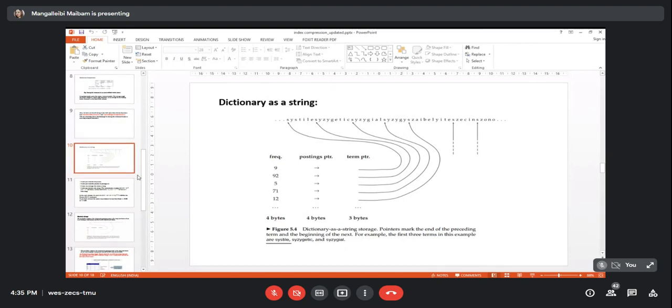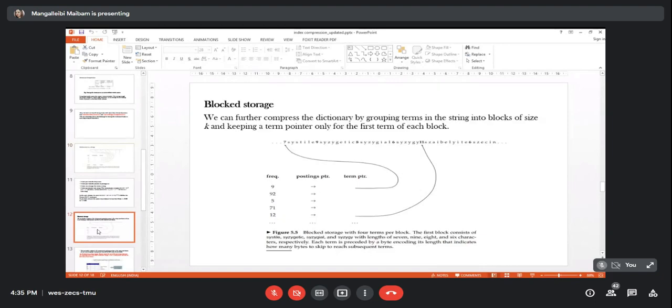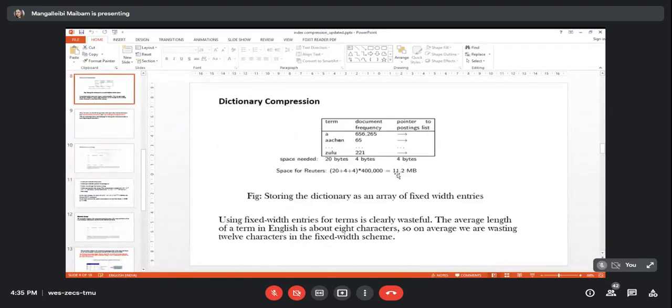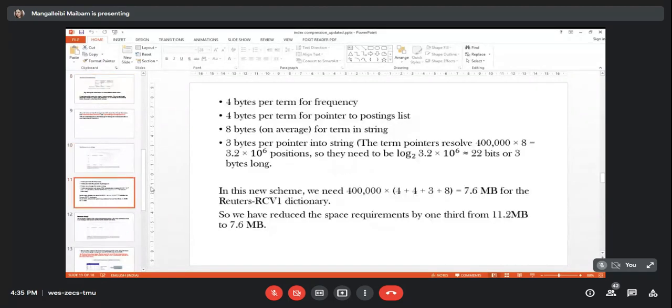So we require about 3 bytes. Now we start the calculation for how much storage is needed. In the fixed width scheme, we need about 11.2 MB. Now we calculate for the dictionary as a string scheme.